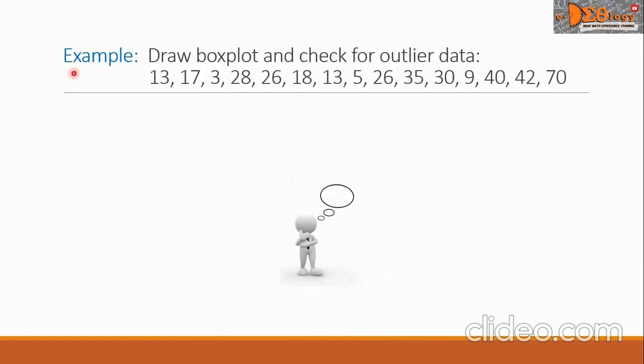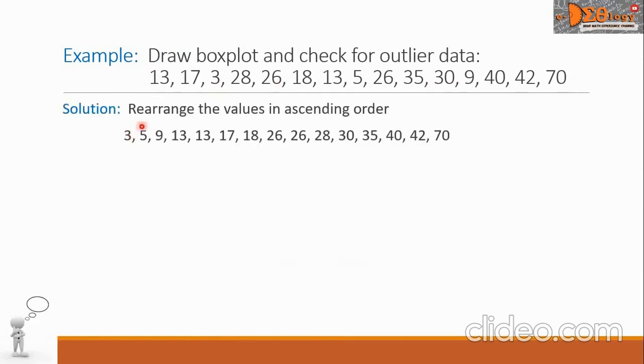Let us see this example. Draw box plot and check for outlier data. Here are the data. For our solution, step 1 is, let us rearrange the values in ascending order. So we have here the lowest data as 3 and the highest value is 70.